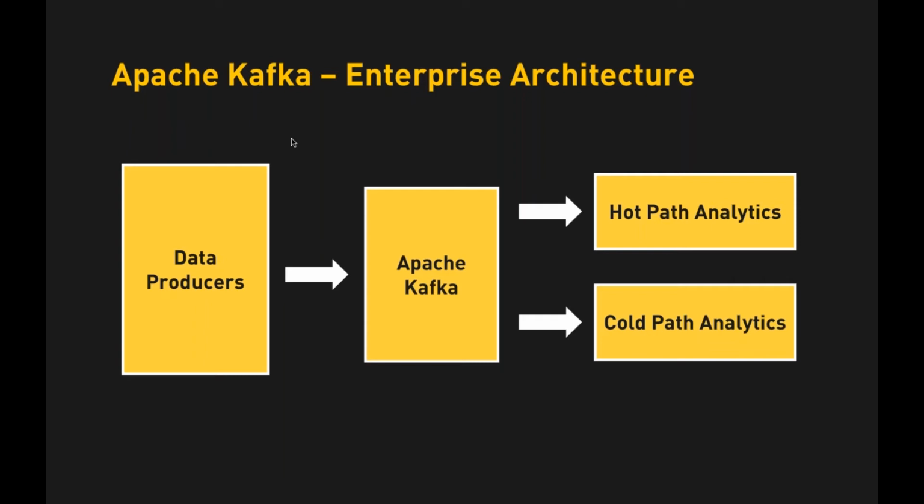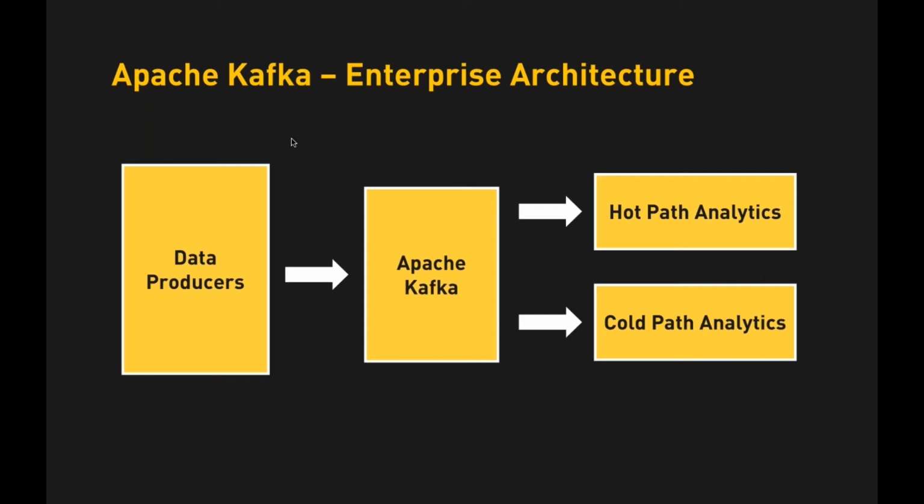Now, when it comes to hot path analytics, the data points that need immediate monitoring and attention will go via Apache Spark, Apache Storm, and they'll also go through a machine learning model that can predict if there is a problem with the car based on the current data points. And if there is a fault found in the car, it immediately flags the driver, the service center, and so on.